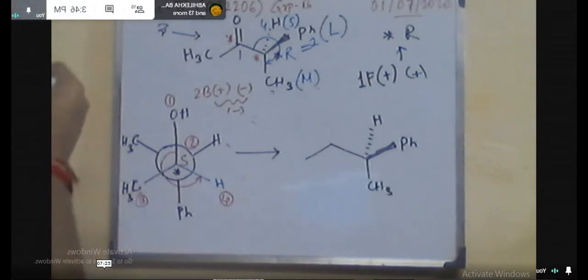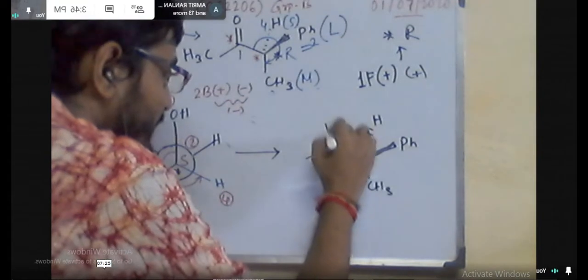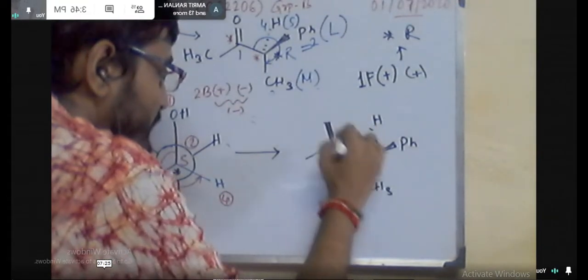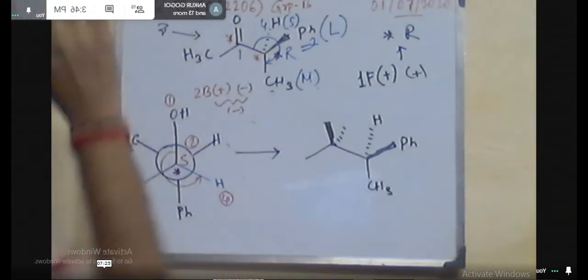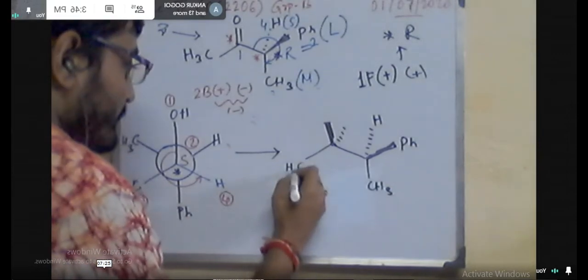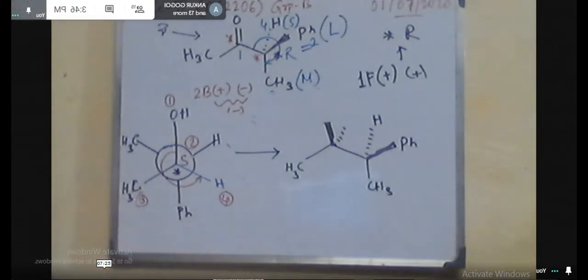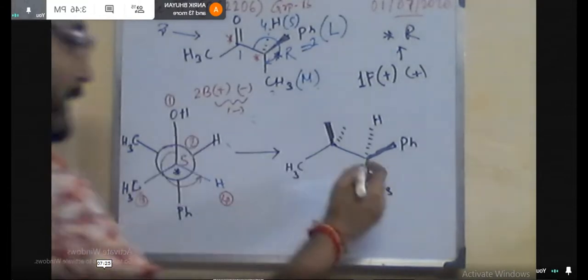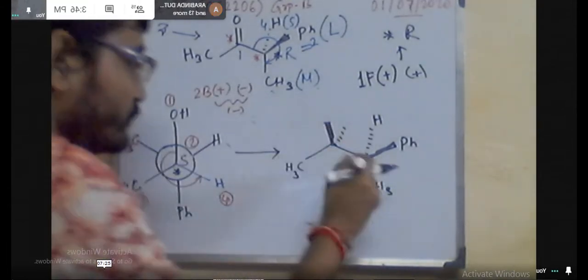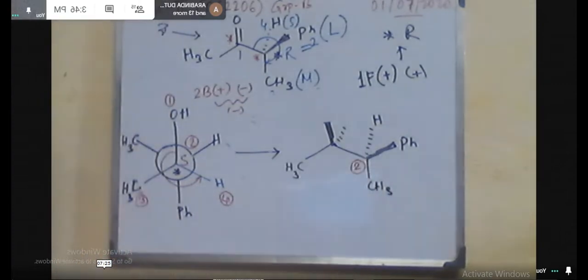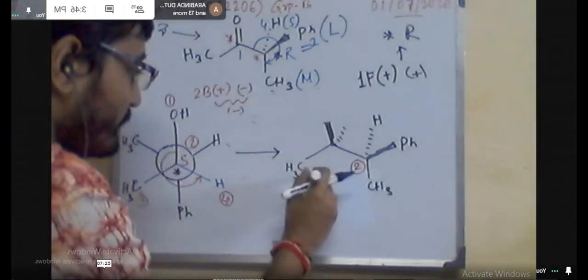Now the rest of the 2 groups, where will they reside? If I keep the 4th group in the back position, that means the 4b plus rule. So this is the 4th group, so it is better to keep the 4th group in the backward. So it is 4b plus. So with 4b plus you have found that the configuration is S.